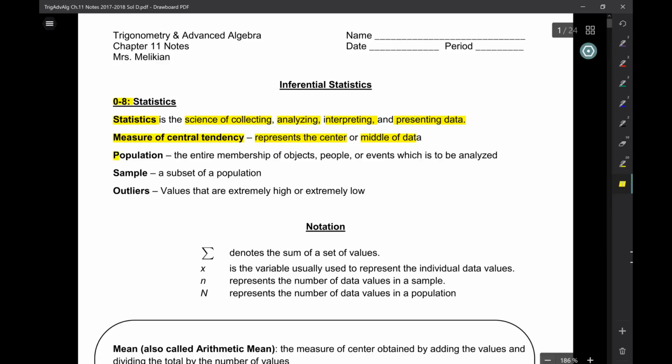Okay, this is important. Population is the entire membership of objects, people, events, which is to be analyzed. A sample is a subset of the population. So for example, if you want to do a poll on what Americans think about something, Americans is your population. Now, do you go and ask every single American that's alive today?